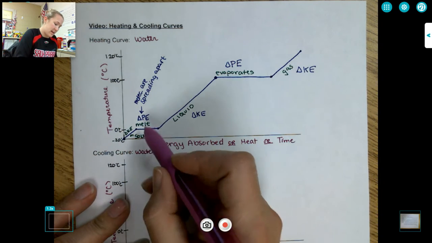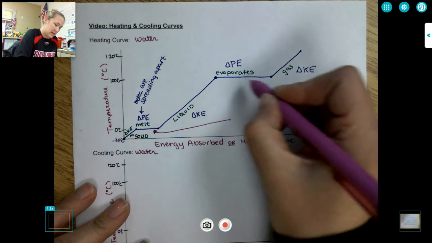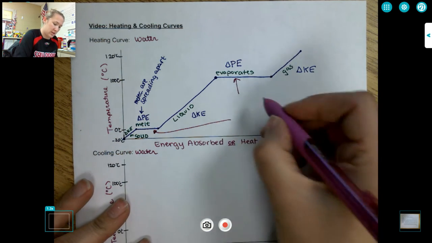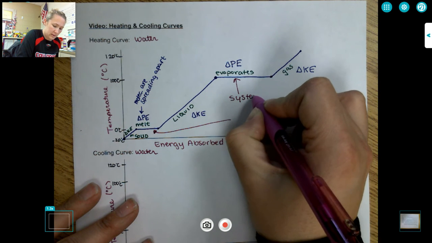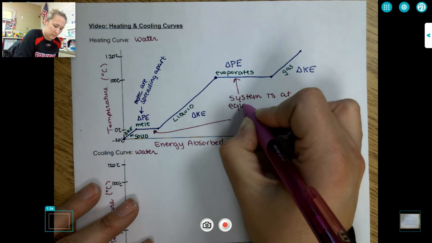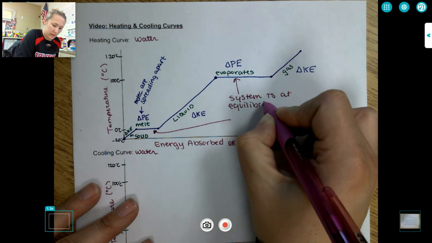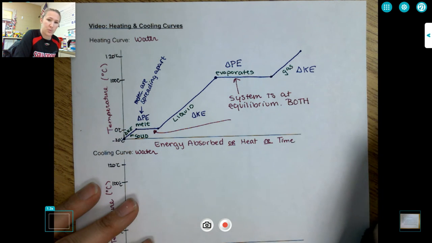On these phase change lines, so both here on my phase change line and here on my phase change line, my system of water is at equilibrium. That means that both phases are present.